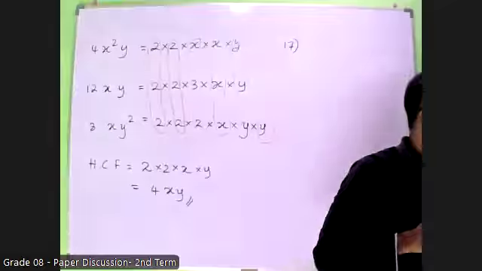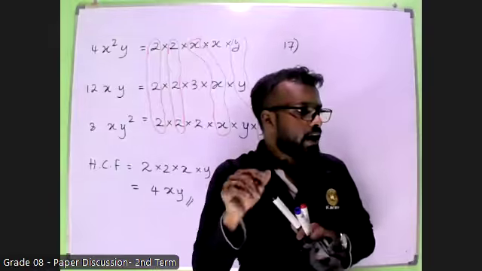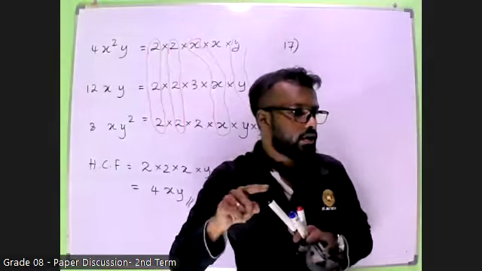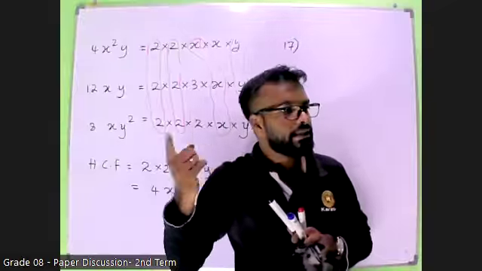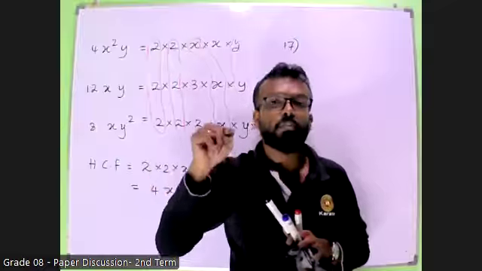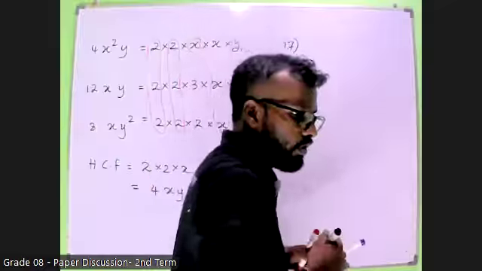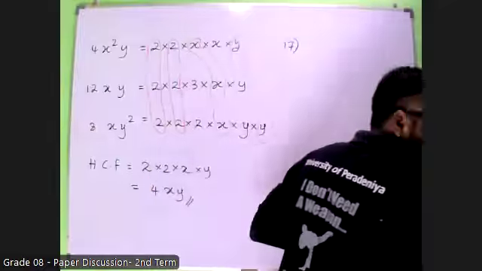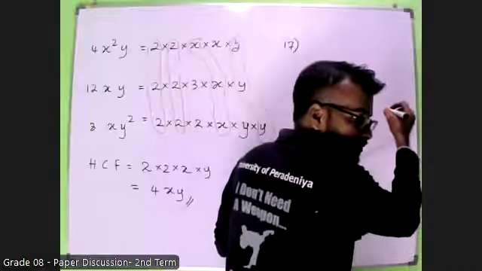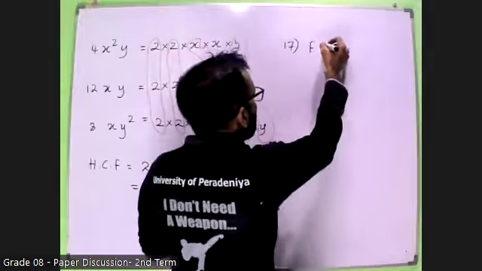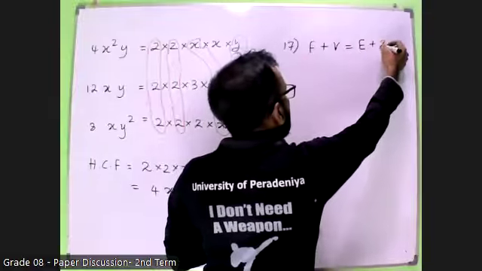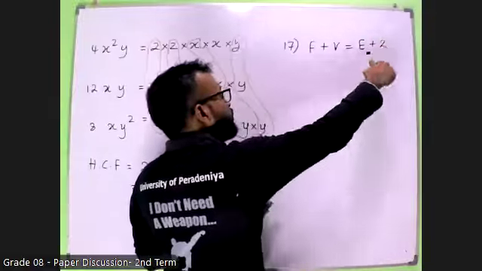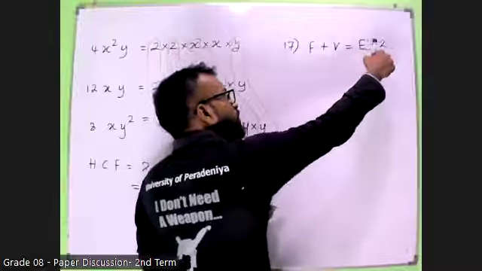Number of edges and faces of a solid are given, 10 and 6. Faces 10, edges 6 respectively. Find the number of vertices. So what is Euler's formula? Faces plus vertices equals edges plus 2. F plus V equals E plus 2.